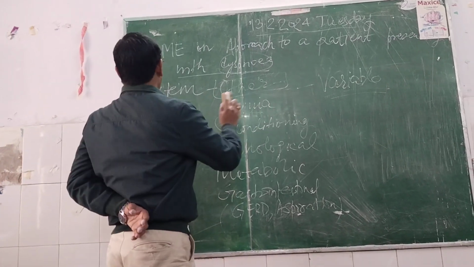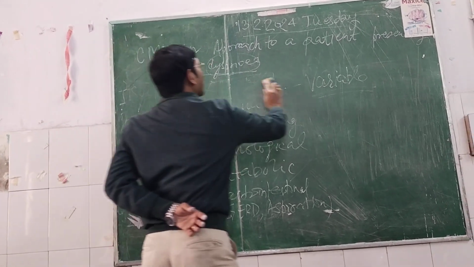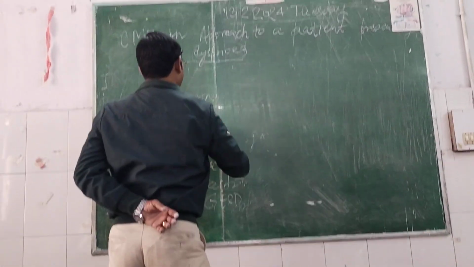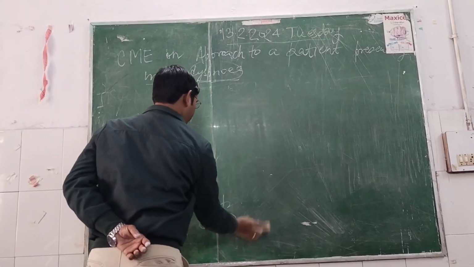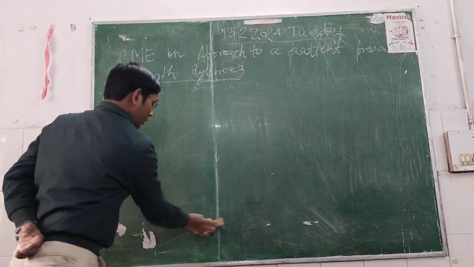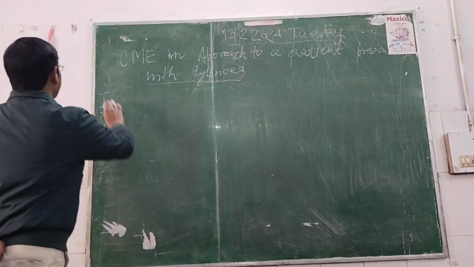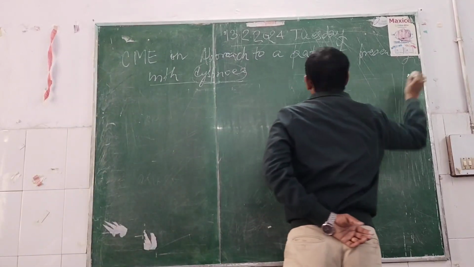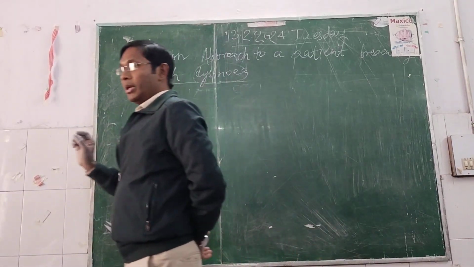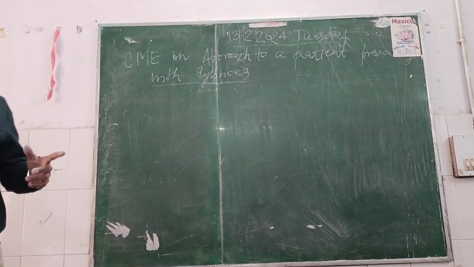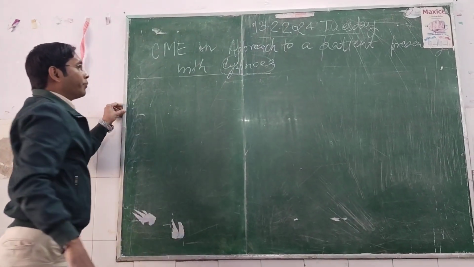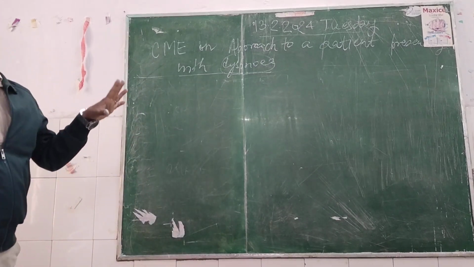Now coming to it one by one. First of all, let us prepare a chart, and you will write, because writing myself will be very cumbersome and time taking. I am creating a table and you will be writing those things.